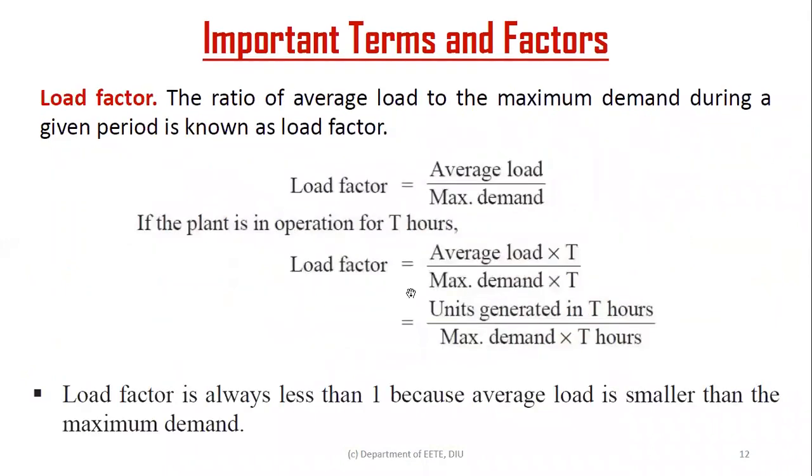See, the load factor is always less than 1 because the average load is smaller than the maximum load. We discussed that the average takes the value of every point, but every point's value is less. Only one value is big, that is the maximum demand. But when we make the average, it becomes very small. So that's why the load factor is less than 1.